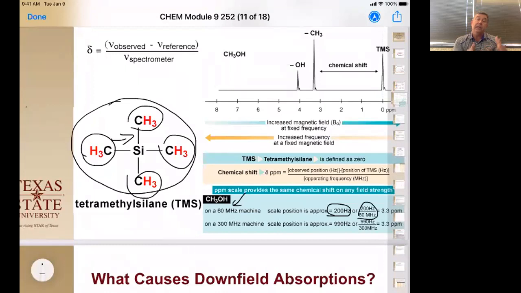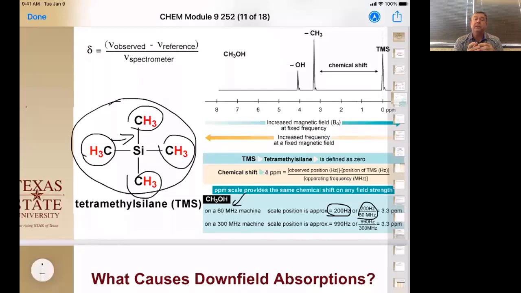Your machine can be a 60 megahertz NMR, that's the frequency you're pulsing with, or a 300 megahertz NMR. Because you're pulsing with a higher frequency, you're going to get a bigger shift in the spectrum.